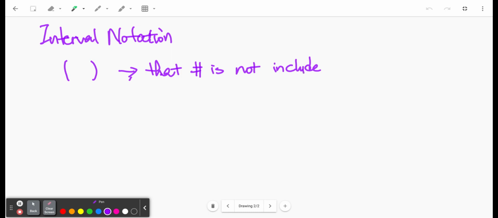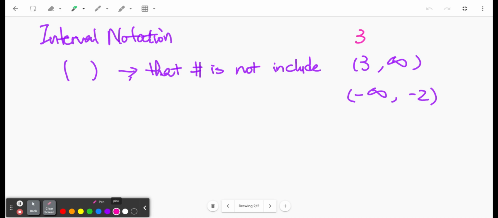For example, when do we use parentheses? 3 and infinity, or negative infinity and -2. So what does that represent? The first one means the range of the x goes from 3.